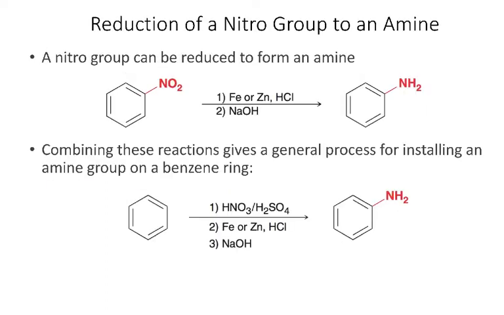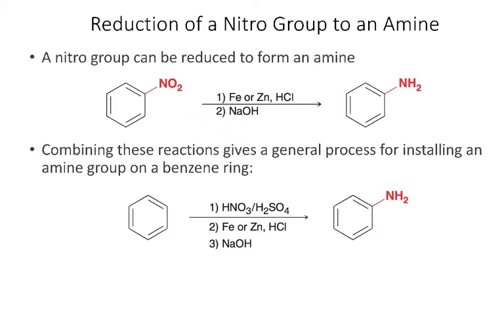All right, this last slide is another note on useful synthesis reactions. So a nitro group, it turns out, can be reduced into an amine by reacting it with either iron or zinc in the presence of HCl, and then in a second step adding sodium hydroxide.